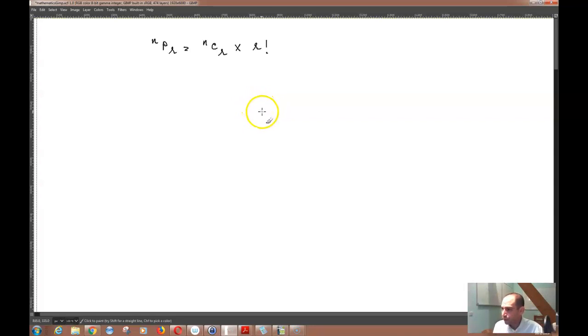So now let's try to prove this. As a proof, we said that corresponding to each combination of n combination R, we have R factorial permutations.